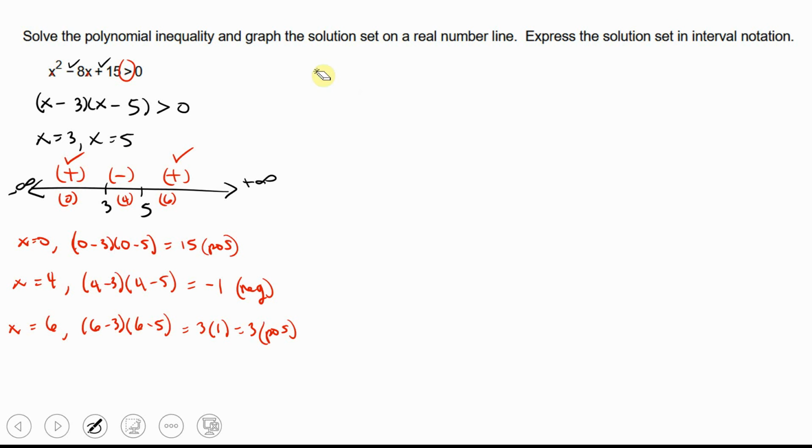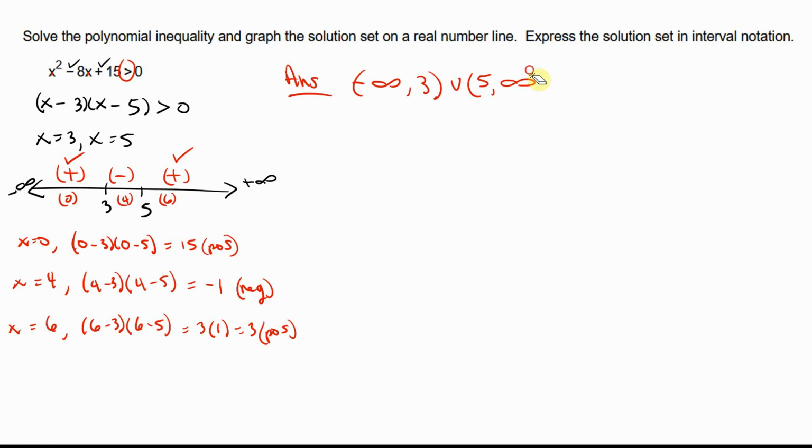So the answer, let's write it in interval notation. So that goes from negative infinity to 3. It's parentheses because it doesn't have a line under there, right? And then that's union with where else is positive, from 5 to positive infinity, right?